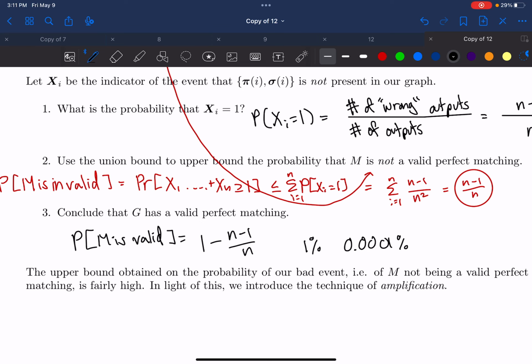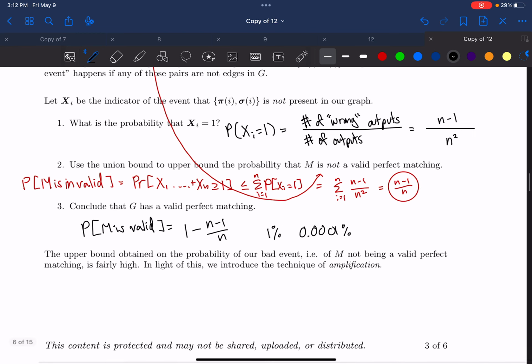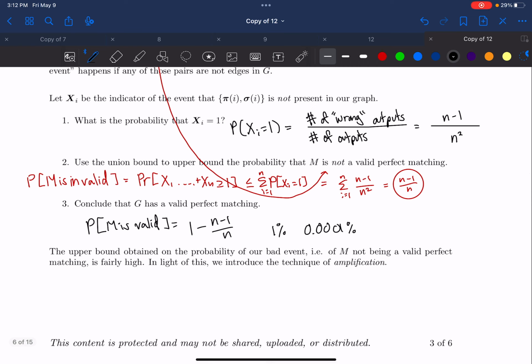The idea is that because this algorithm has a non-zero probability of success, it implies that the solution must always exist. The principle being, if a randomized algorithm has any chance of actually finding the solution, then that solution must be present. And that's just something we are able to say because we know this probability is never 0. So from there, you can conclude G has a valid perfect matching.